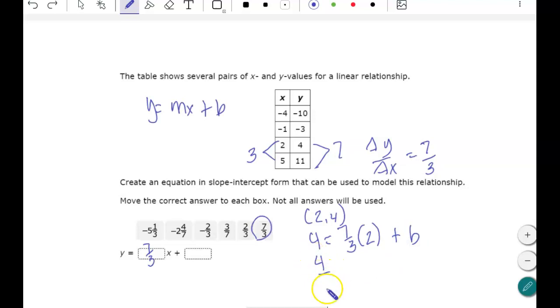We multiply 7 over 3 times 2 over 1, so it's 14/3 plus b. Then we subtract the 14/3 from both sides.